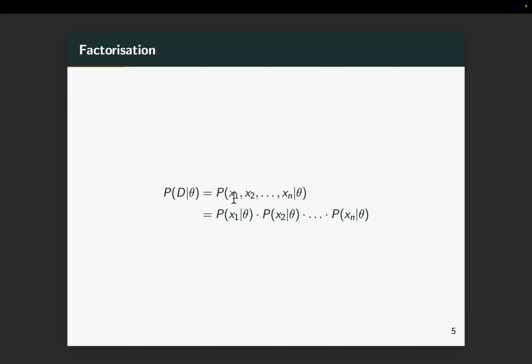Let's say these are the 1000 samples which I was generating from the Gaussian distribution, x1 through xn. What is theta in the previous example? The model parameters corresponding to the distribution I was talking about, so mu and sigma, right?